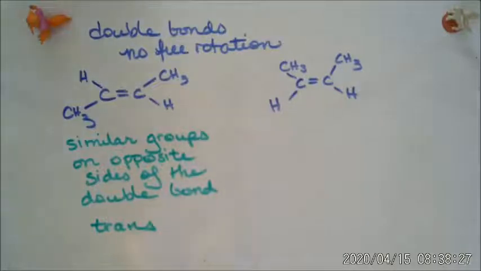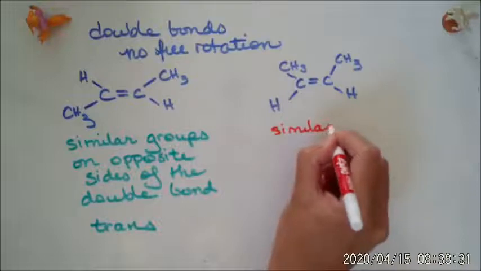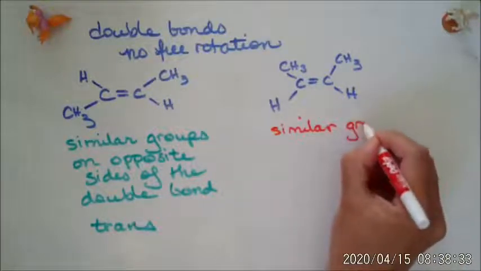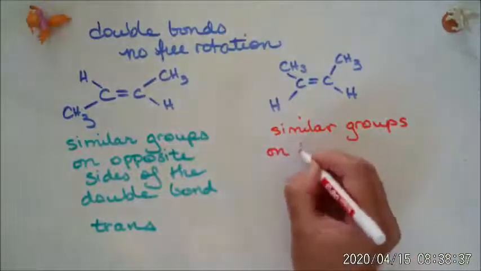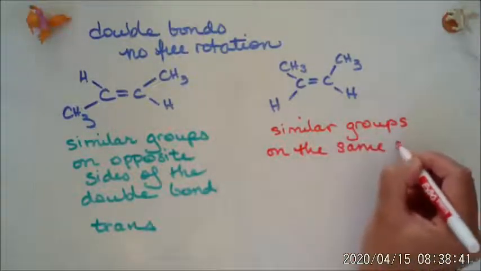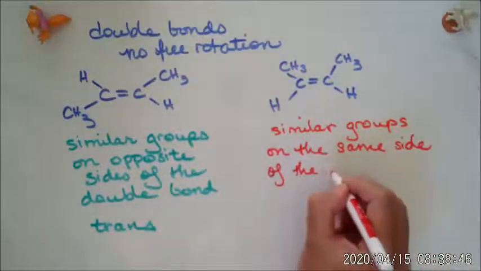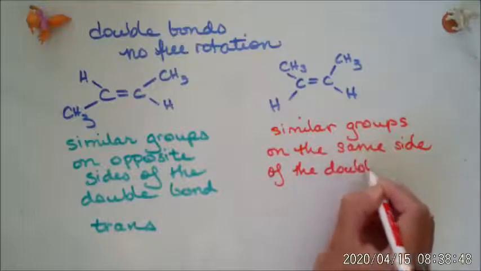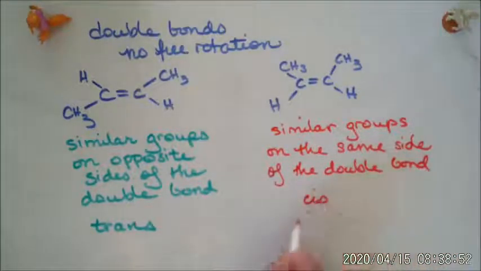Similar groups on the same side of the double bond, we call that cis.